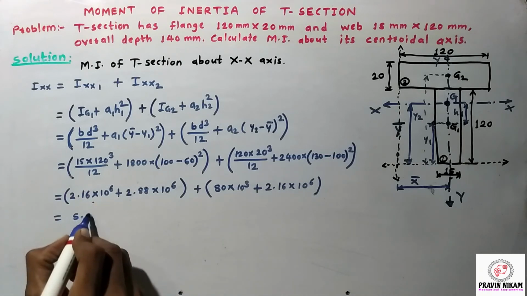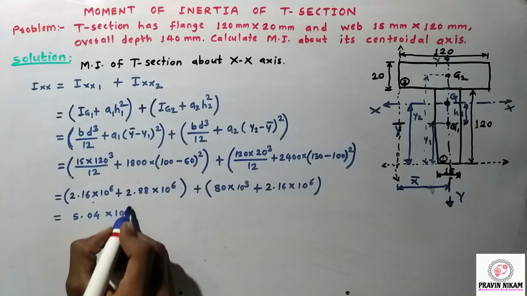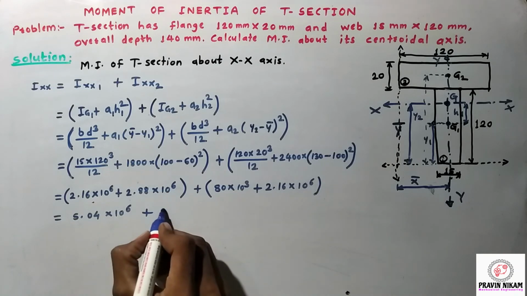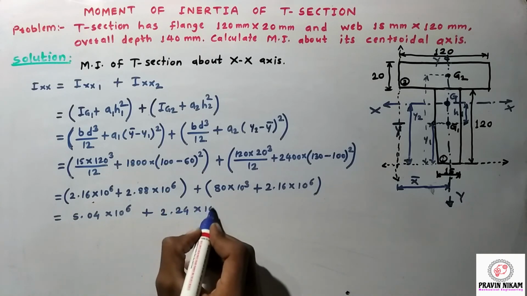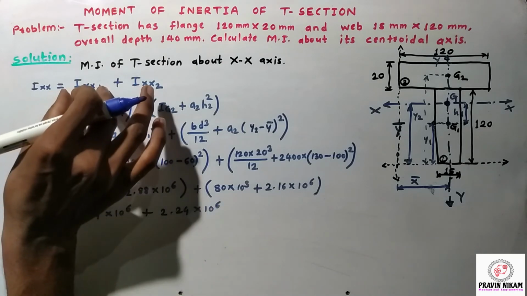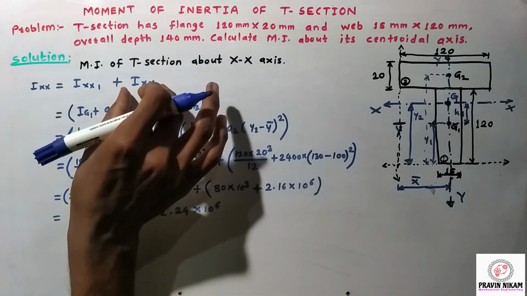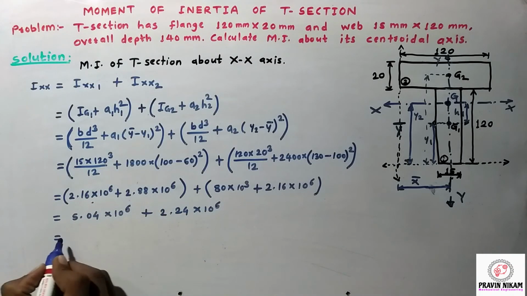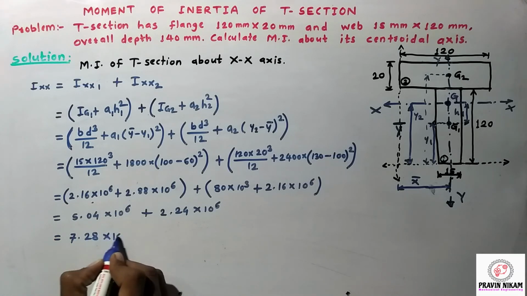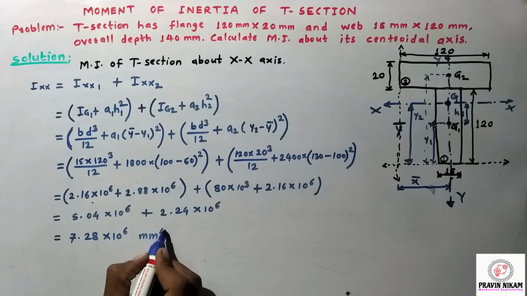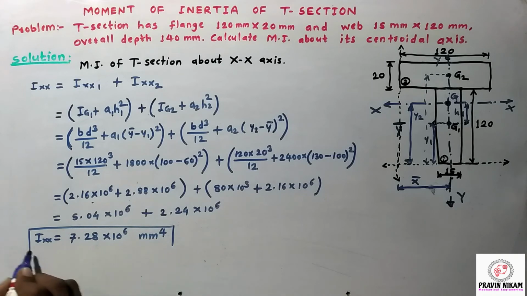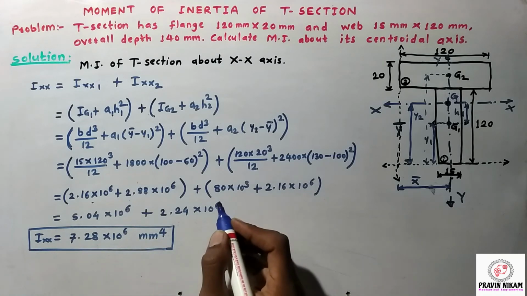You will get 5.04 into 10 raised to 6 plus add these two values. You will get 2.24 into 10 raised to 6. Now add these two values. Now this is nothing but your Ixx1. This is nothing but your Ixx2. Now add both the values. You will get 7.28 into 10 raised to 6 mm raised to 4. So this is moment of inertia of T section about centroidal axis XX.